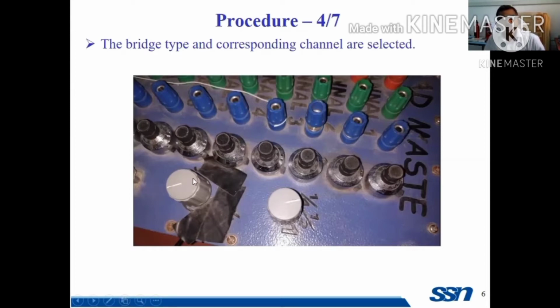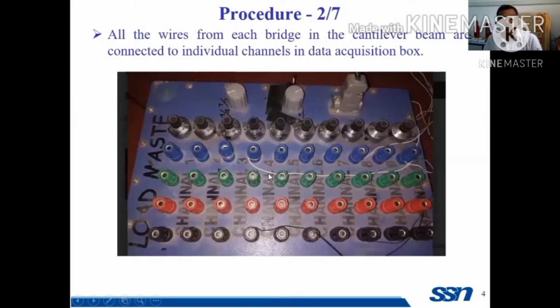This is for selecting the channels, because in this experiment there are a number of channels: 1, 2, 3, 4, up to 10 channels. The quarter Wheatstone bridge is connected with channel 4, and this 8 is the half Wheatstone bridge channel. This is the full.